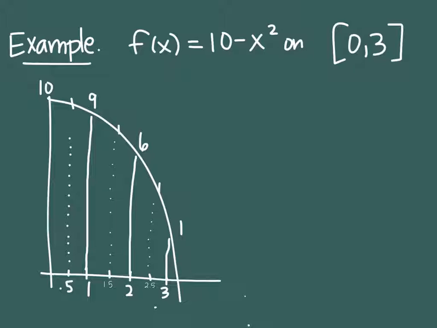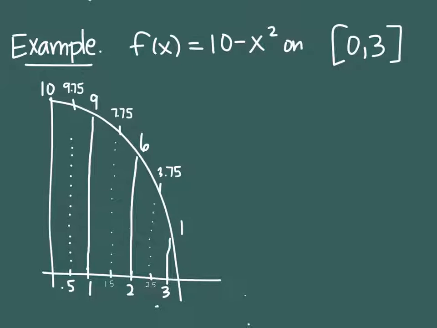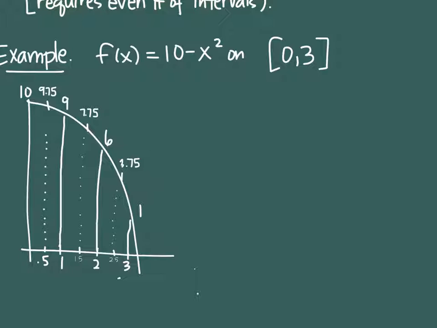This is 9.75, and this one is 7.75, and this one is 3.75. And then we can do the whole calculation all at the same time. So we are going to do Simp, and we're going to do a sub 6.